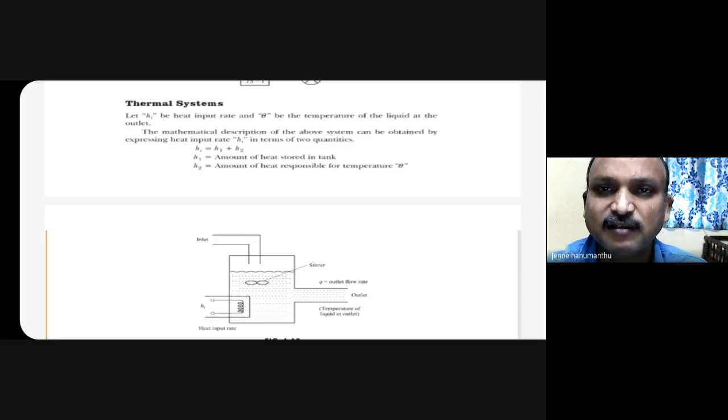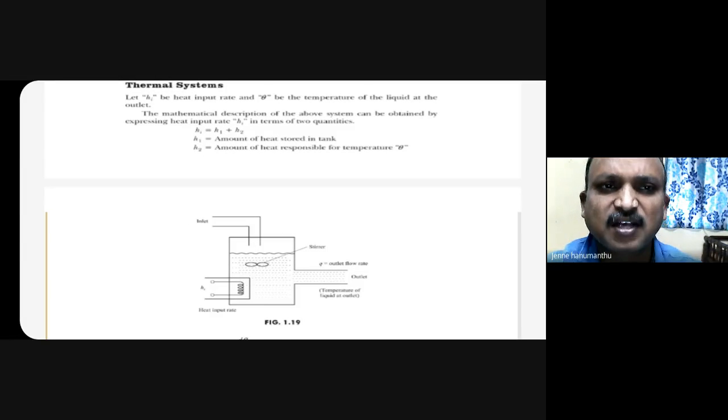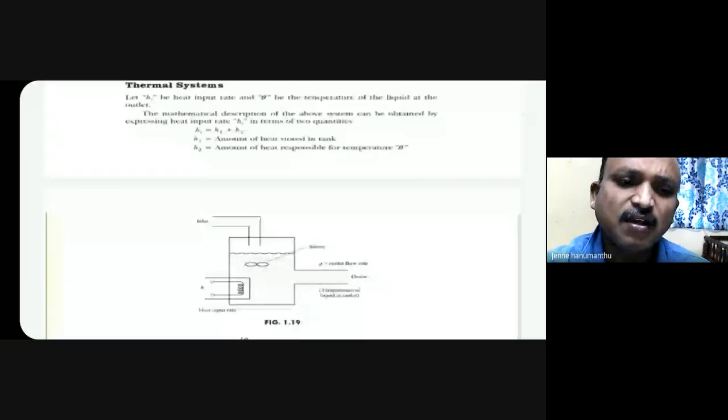Or sometimes you can maintain the head or liquid height in a tank as constant. There are some variables available in any system. What parameters you are going to maintain as constant depends upon our requirement. Say for example, I am an engineer focusing on liquid height, I mean liquid head in a tank.